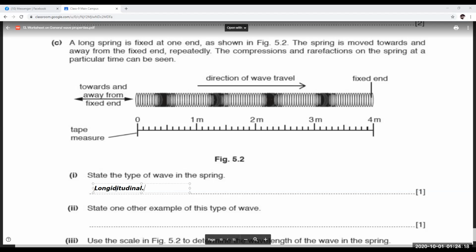After longi, you don't give another gi, just longi, longitudinal wave.